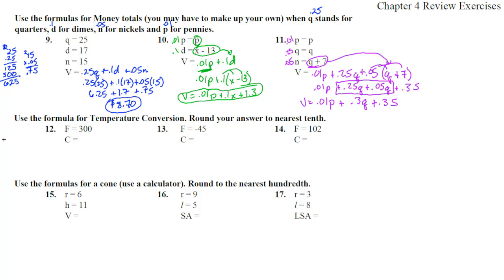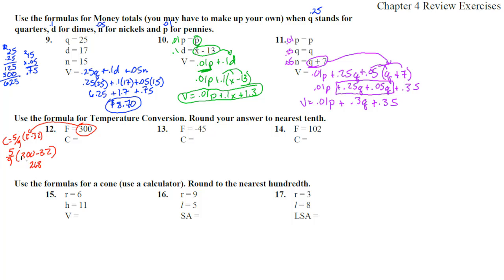So this is going to be C equals 5/9 times F minus 32. Okay, so here we stick in 300 for the F right there. So we get 5/9 times 300 minus 32. 300 minus 32, that's 268.